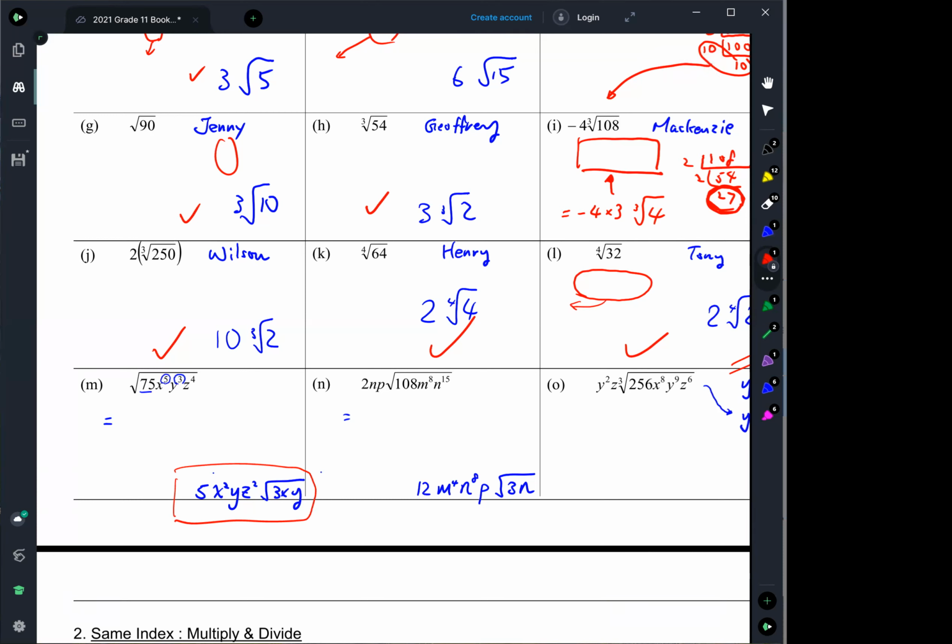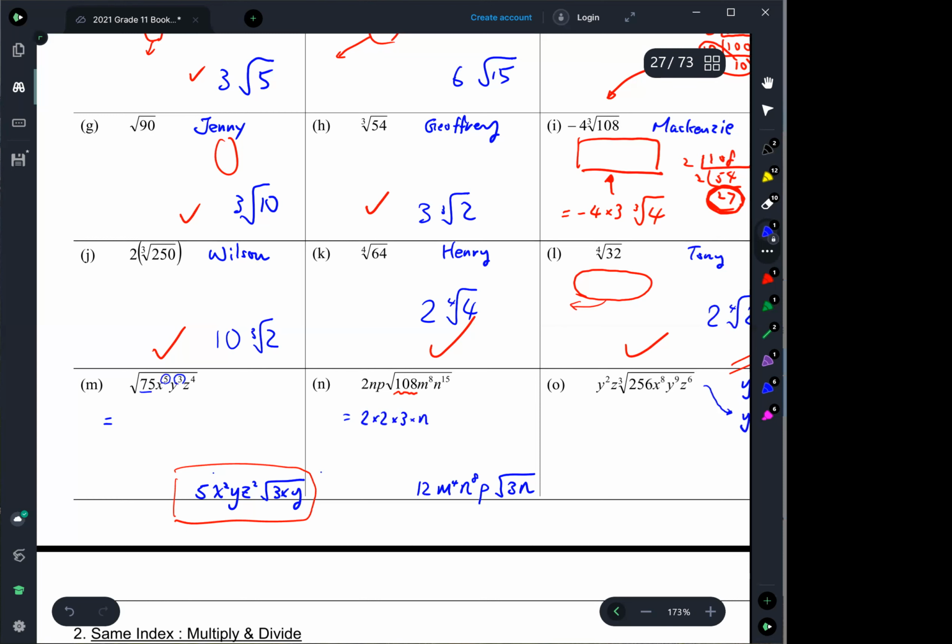For 108, Jenny, what number goes out from 108? 2 and 3. So that's a 6 then, right? Yes. So 2 times 2 times 3, and then we have n.